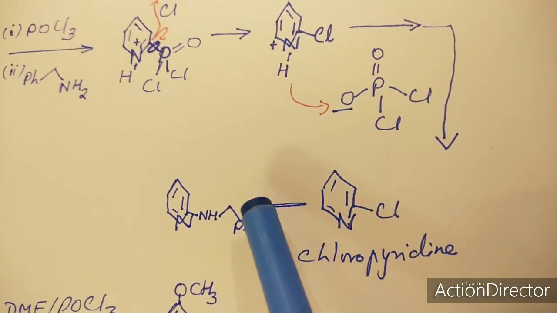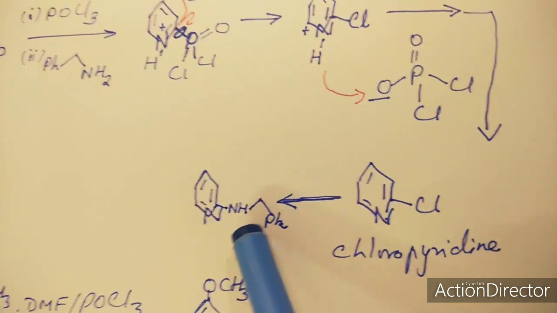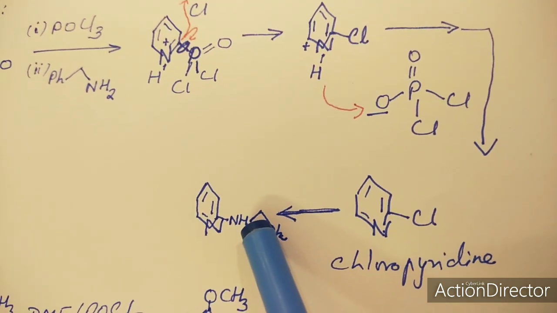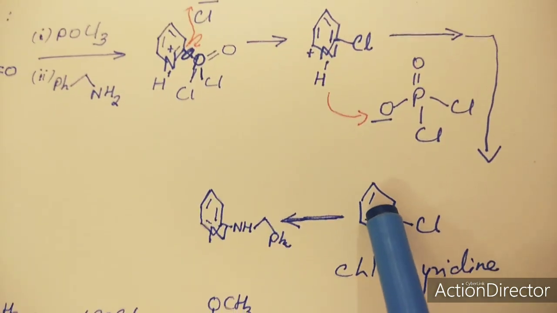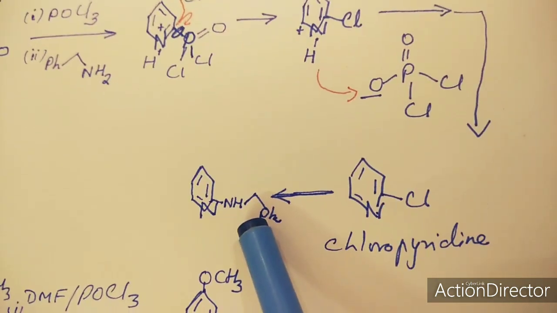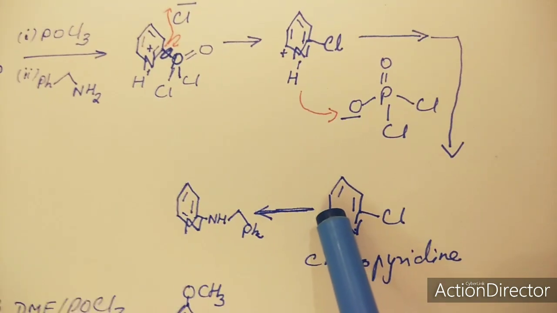So it can easily be substituted over here. So we will get C6H5CH2NH2, HCl will be eliminated, and this compound, this derivative, will be formed. So this was a step further.